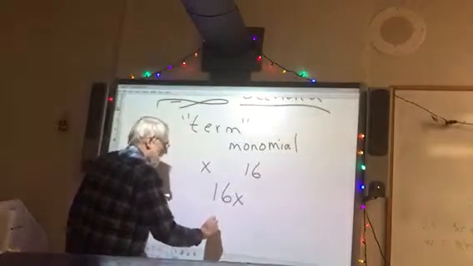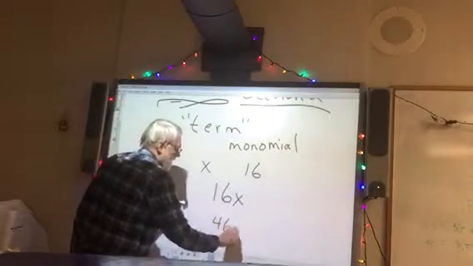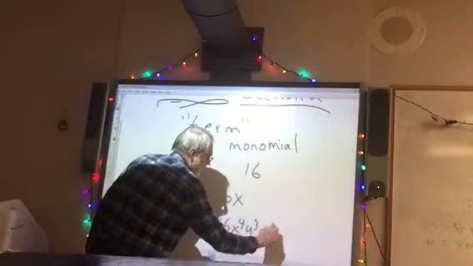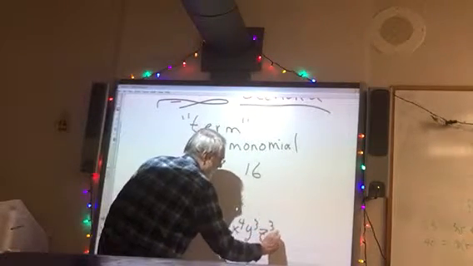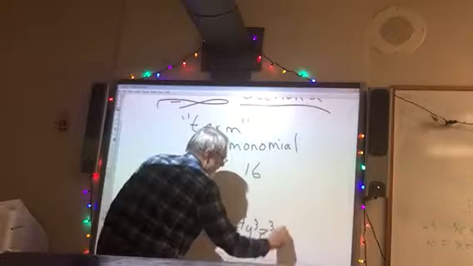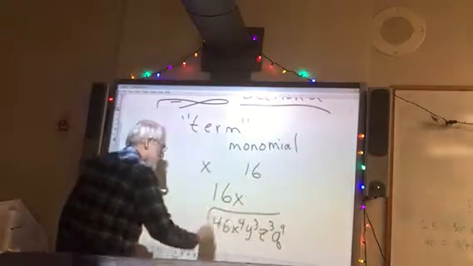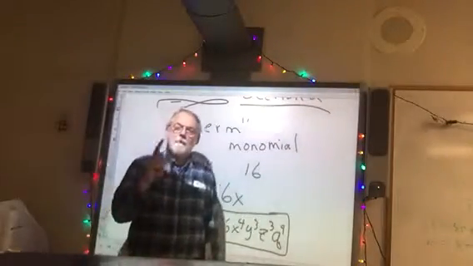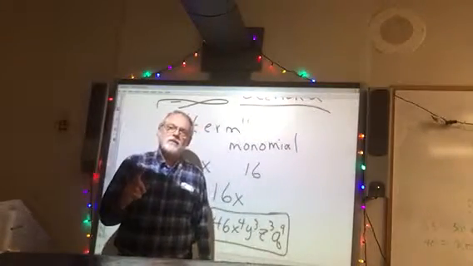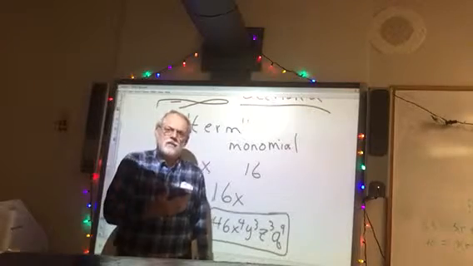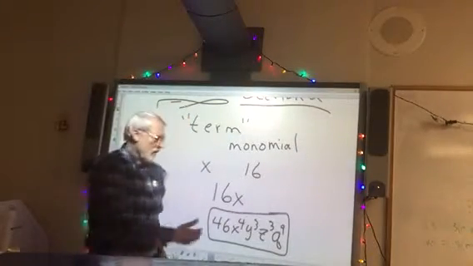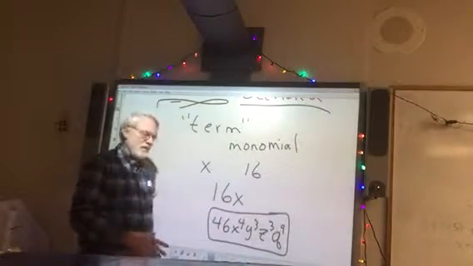So 46 x to the fourth y to the third z cubed q to the ninth, this is still just a monomial. All of that's still just a monomial, because it's all multiplication.